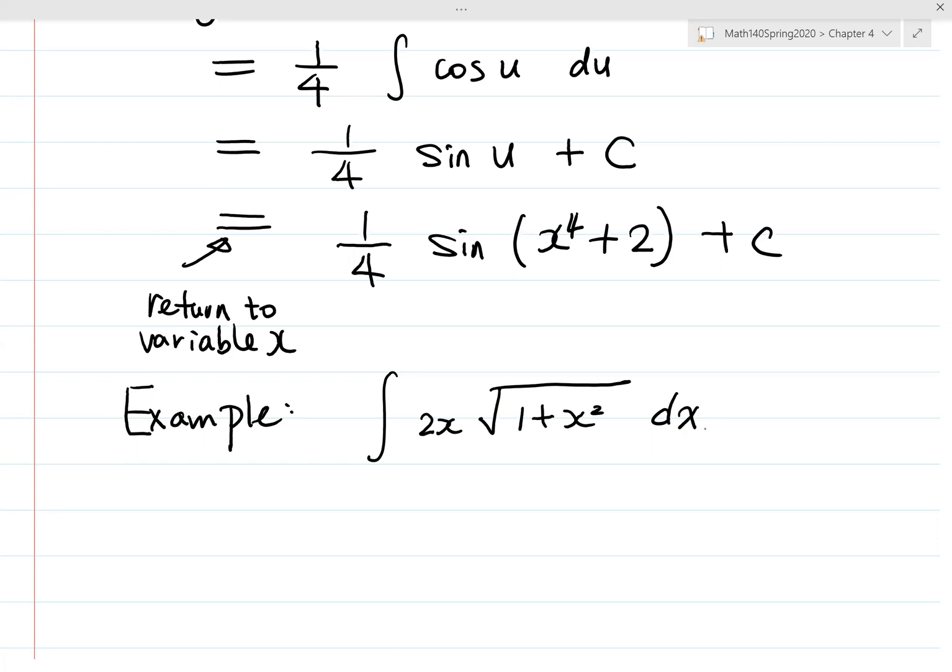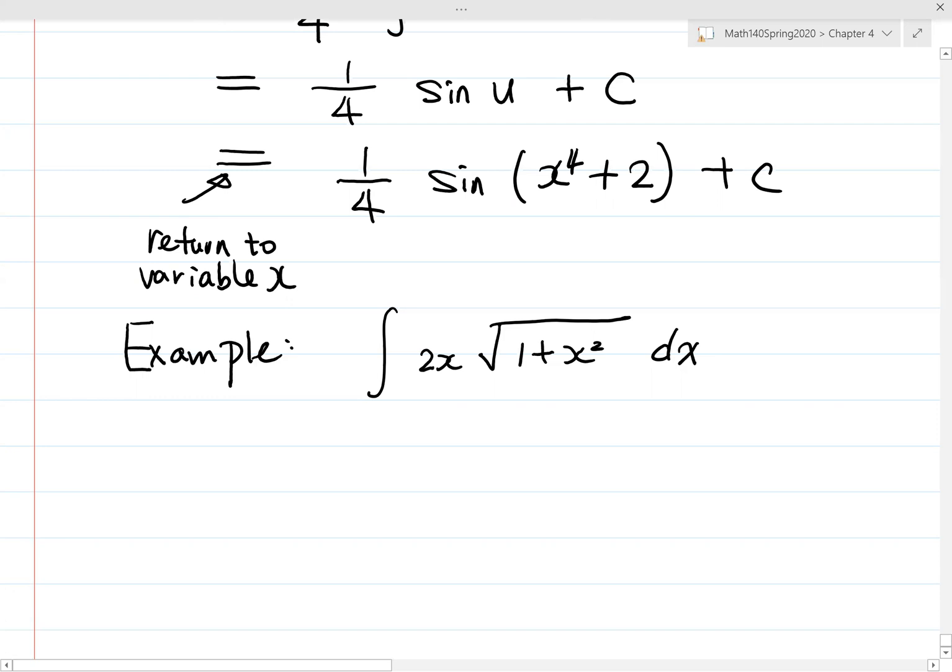Now, what factor do we substitute? You see the factor 2x is a polynomial.